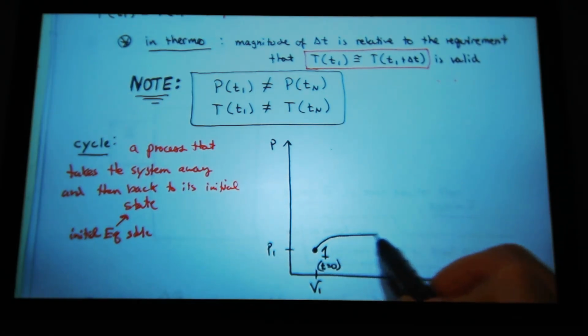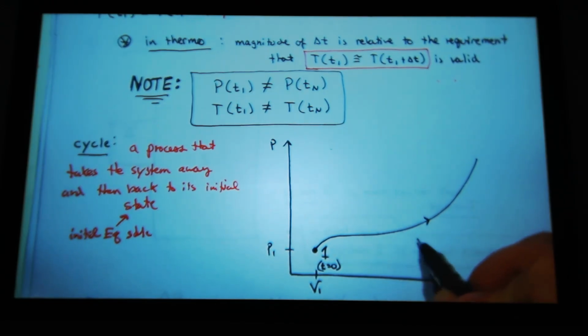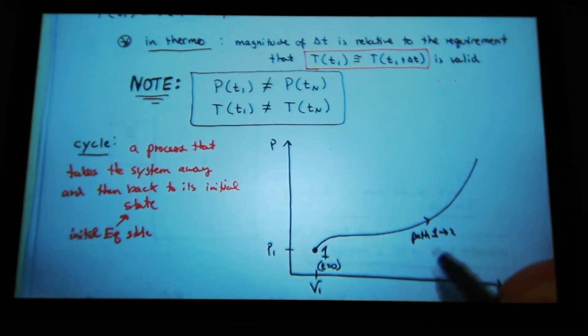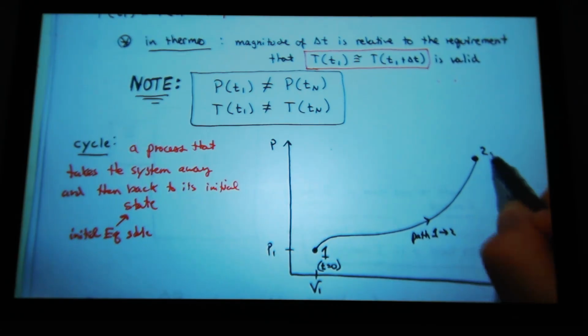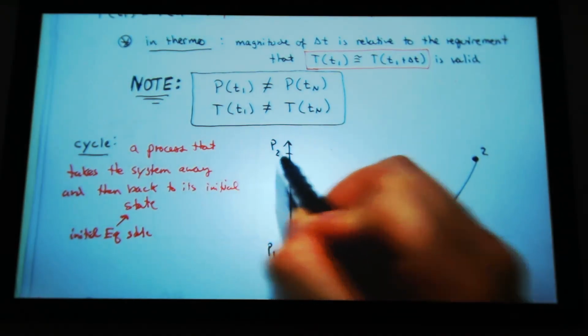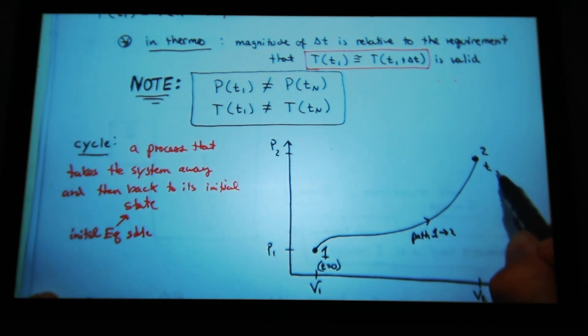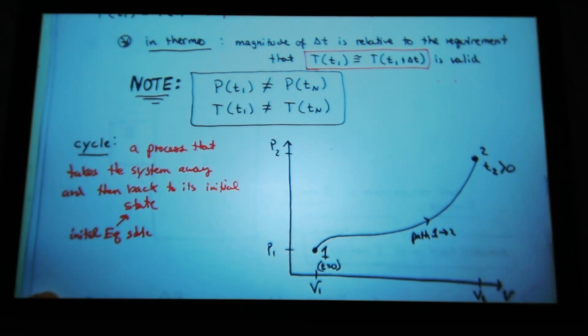And then I follow some path. I'll call this path 1 to 2. And then I end up at some state 2. So I've got a volume 2 and a pressure 2, and this is at some T2 greater than 0.